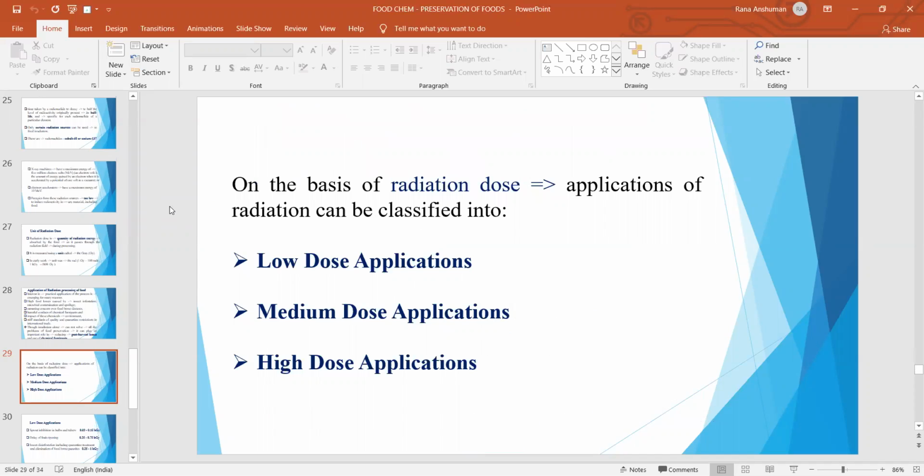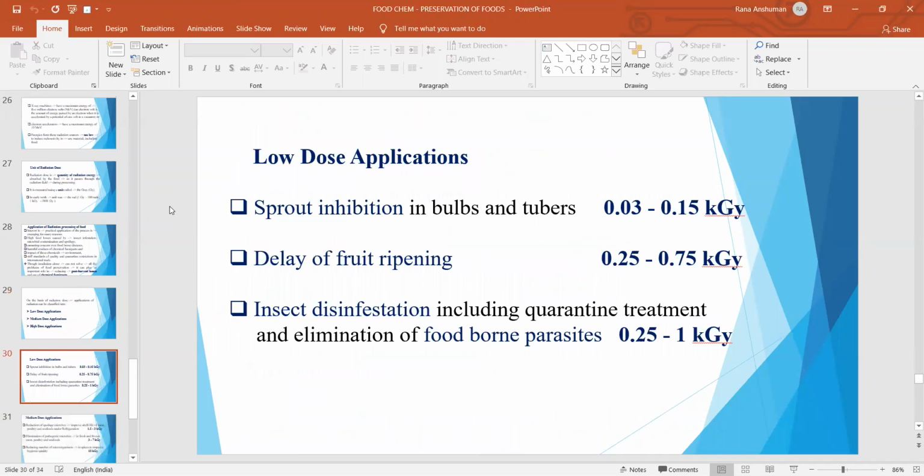On the basis of radiation dose, applications of radiation can be classified into low dose applications, medium dose applications, and high dose applications. We will see where low dose applications are used.